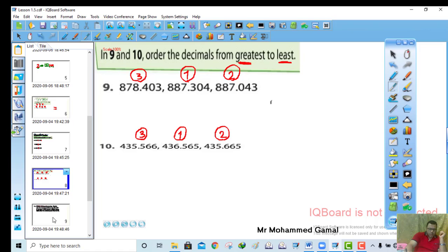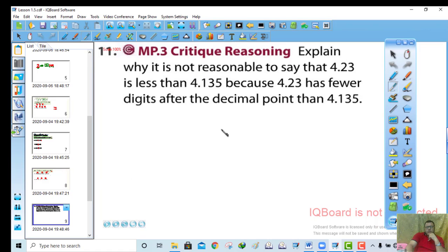Okay, now question number 9. He's asking us to explain why it's not reasonable to say that 4 and 23 hundredths is less than 4 and 135 thousandths, because 4 and 23 has fewer digits after the decimal point than 4 and 135. Let's clarify this. Before comparison, you should put a 0 here, so they are from the same family.